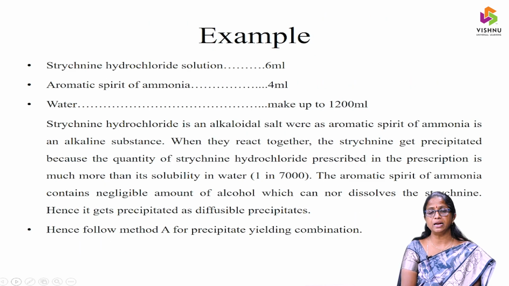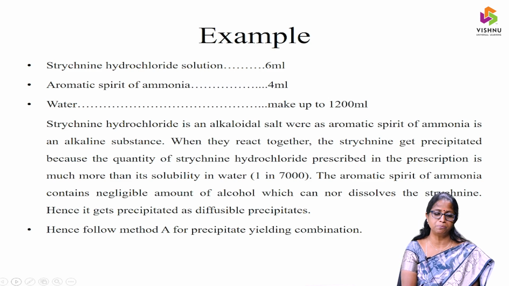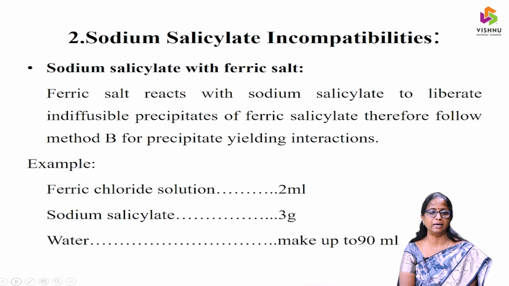You will get a diffusible precipitate, hence you can follow method A. An example is strychnine hydrochloride solution and aromatic spirit of ammonia.